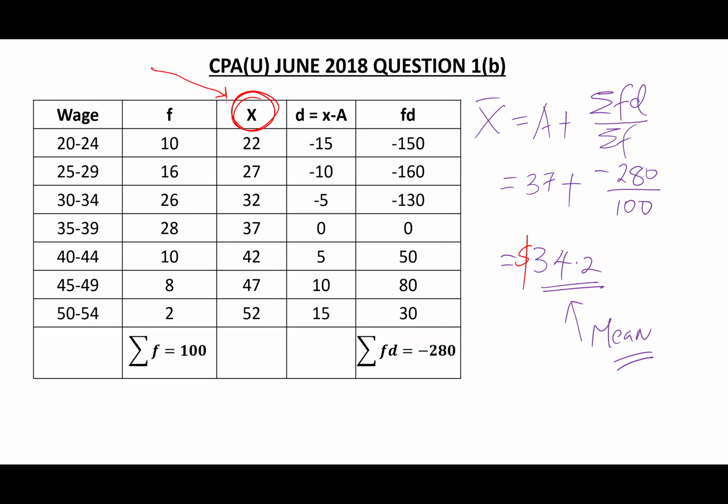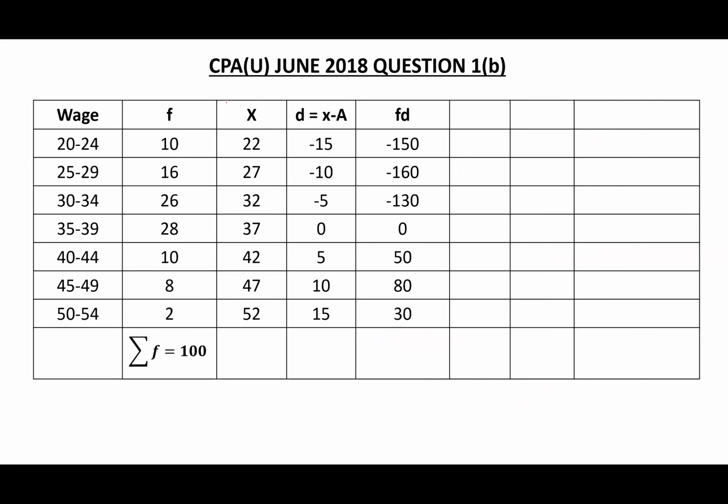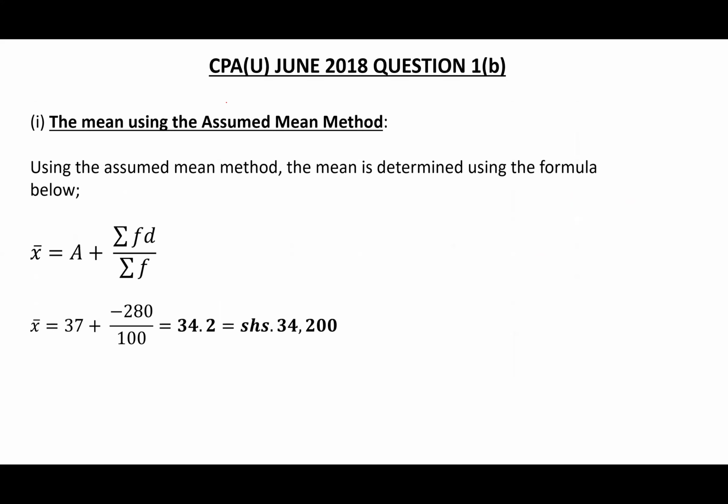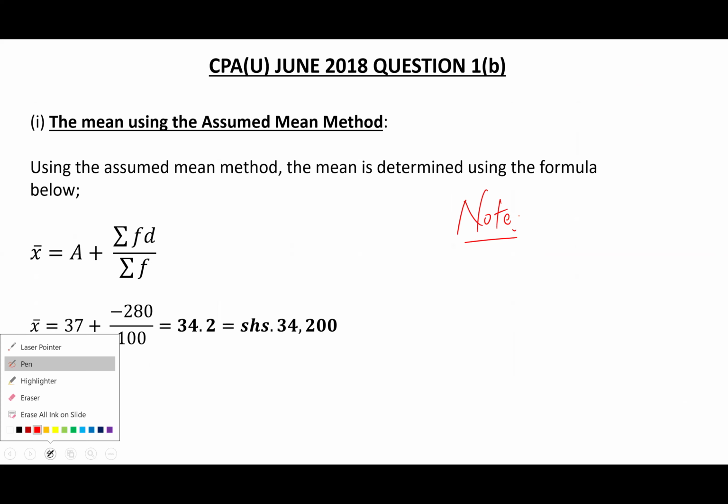Okay, so you're going to put it as a note somewhere. Where can I put this? Okay. We are going to put a note that in the event that the assumed mean is not given, let's put our note here.